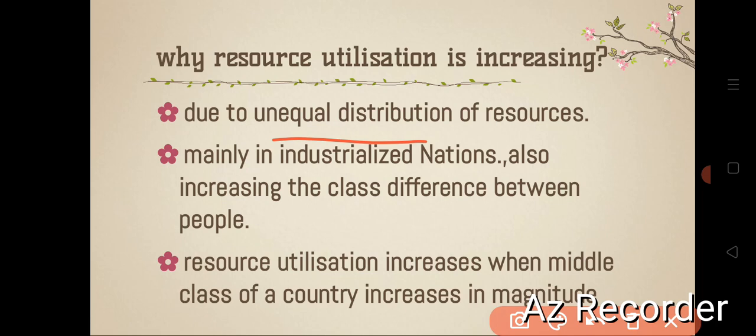This unequal distribution of resources does not only lead to increase of industrialization and decrease in biological communities, it also increases the class difference between people, which results in inequalities among the people, and that eventually leads to unrest in the world.